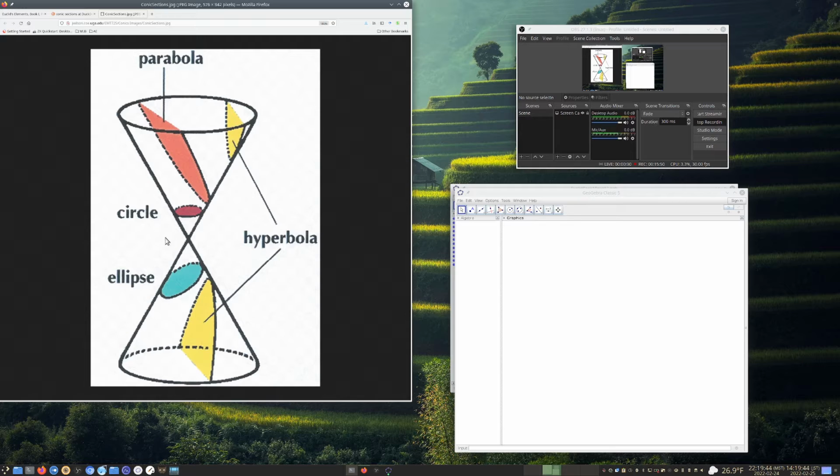You could either get just a point if you slice and only nick this one point here. So that's a trivial conic section. You could also get two lines. So if you sliced it with a plane that's parallel to your monitor, then you would get these two lines, and that would be one of the conic sections. But usually you're going to get either a hyperbola or an ellipse if you slice it.